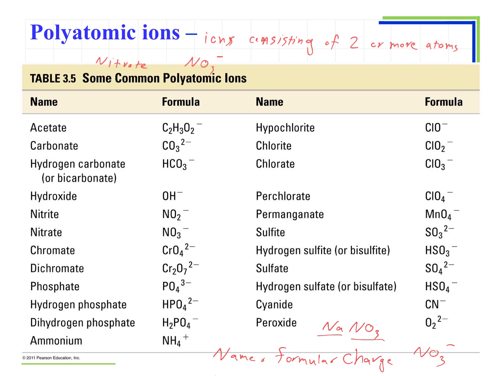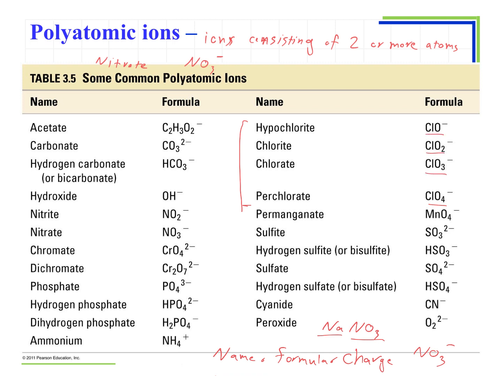Even though there is a lot of memorization in this table, there are some things that might help you. You see some of them are just like each other. Like this one, it has just one oxygen different.